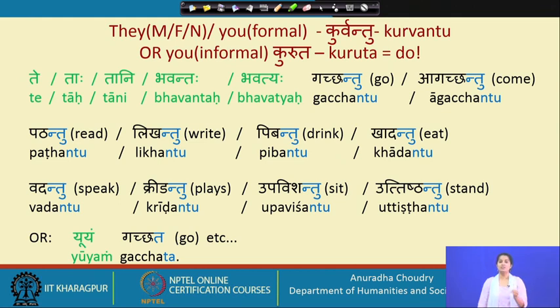And now when we are just requesting or ordering all of you to do something, it will be gachata. You see how precise one needs to be with the pronunciation. Anyway, so just to give you another practice, let's say likhatha becomes likhata, pibatha, pibata, khadatha, khadata. You can see the difference in the effect it has on your being as well.